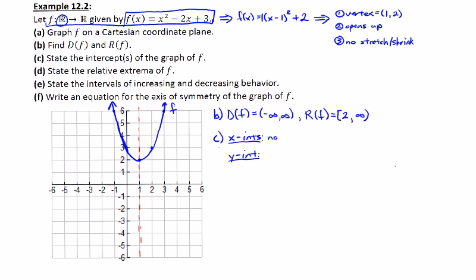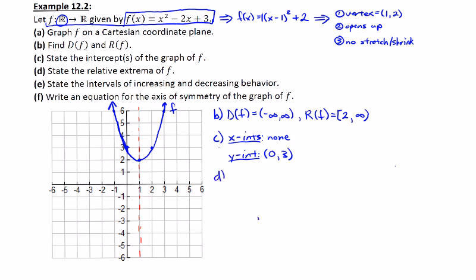So there are no x-intercepts. But for the y-intercept, we do have one located at 0, 3. And I don't have to do a calculation of that because I was able to acquire the exact location 0, 3 from the way that I plotted the key points for my parabola on the graph.